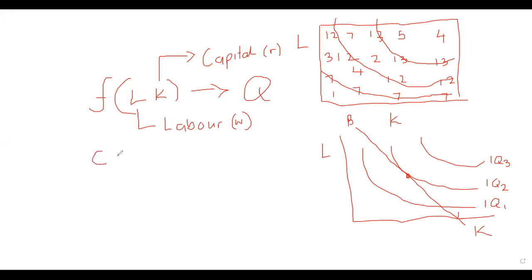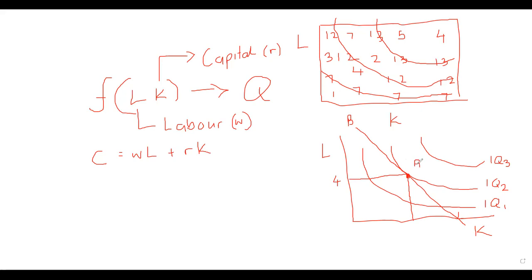So the production costs in a firm are given by the wages for labor and rent for capital. The point at which the budget line kisses the isoquant is a point where you as a firm are optimizing with your production.